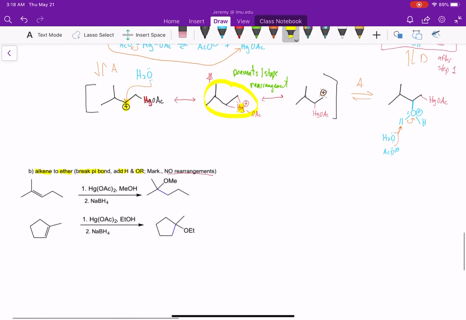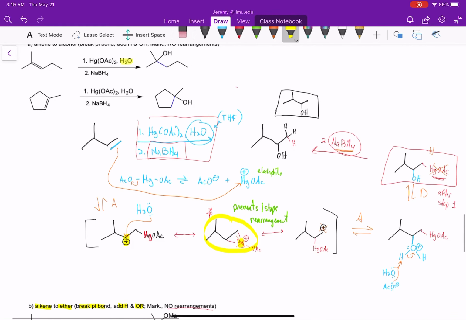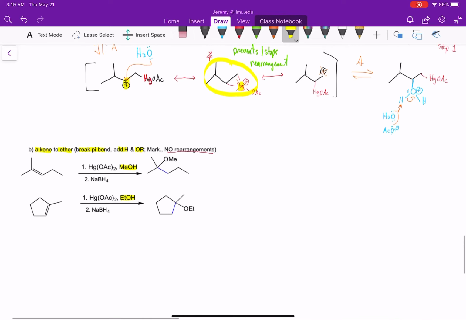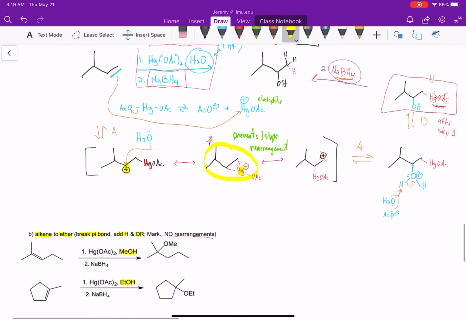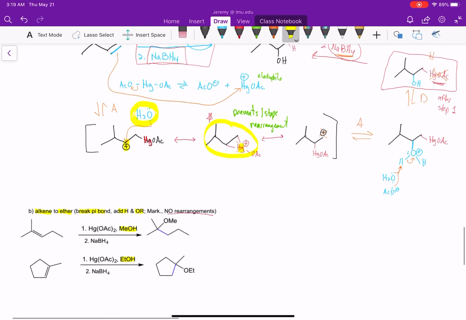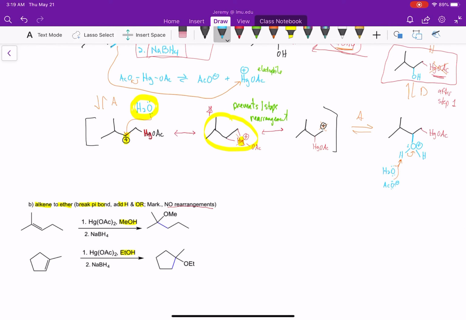What's different, instead of adding water as our solvent and our nucleophile, we're now going to be adding some alcohol, like methanol or ethanol. All right, so if you look in the mechanism here, when you have water, water acts as our solvent, but it also acts as our nucleophile. So in the bottom example, instead of having water here, you're going to have the exact same mechanism, but methanol or ethanol is going to attack.